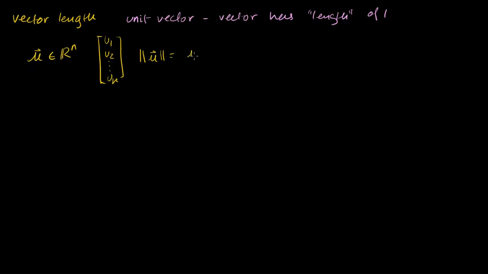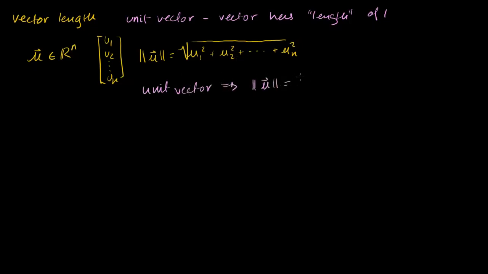So it's u1 squared plus u2 squared all the way to un squared, and it's the square root of that. If this is a unit vector, that implies that the length of u will be equal to 1. And it doesn't matter in what dimension space we are. This could be R100, this could be R2.